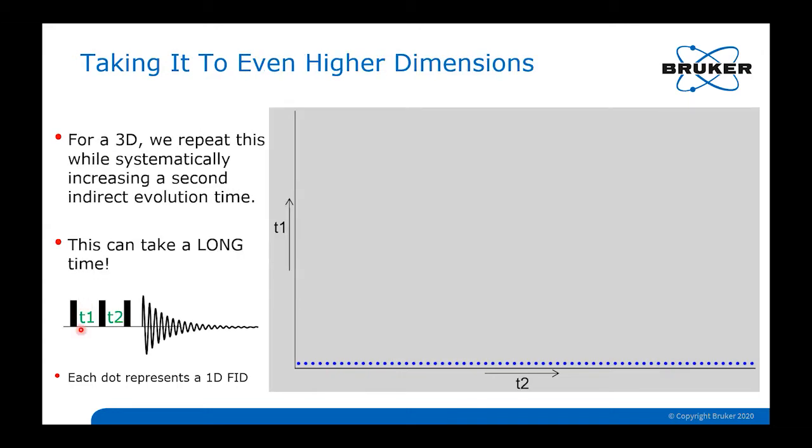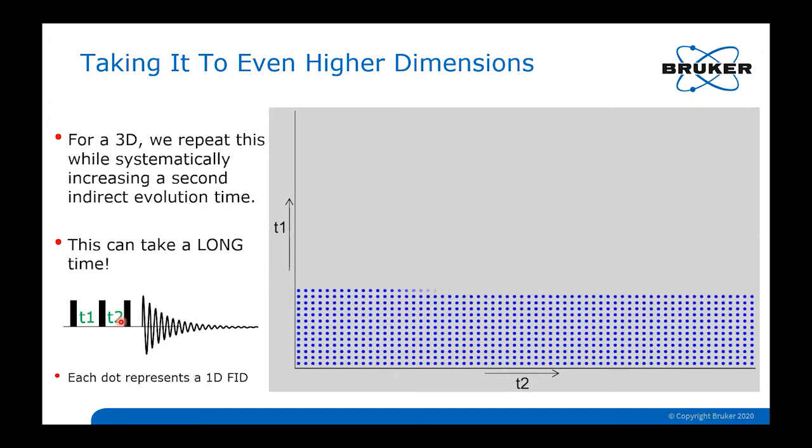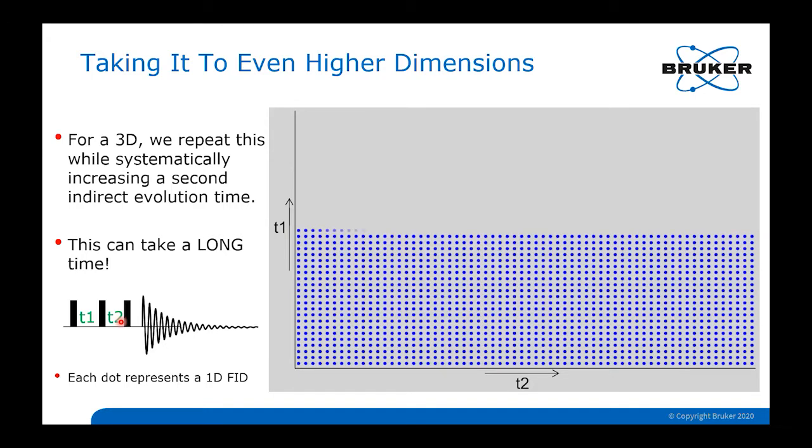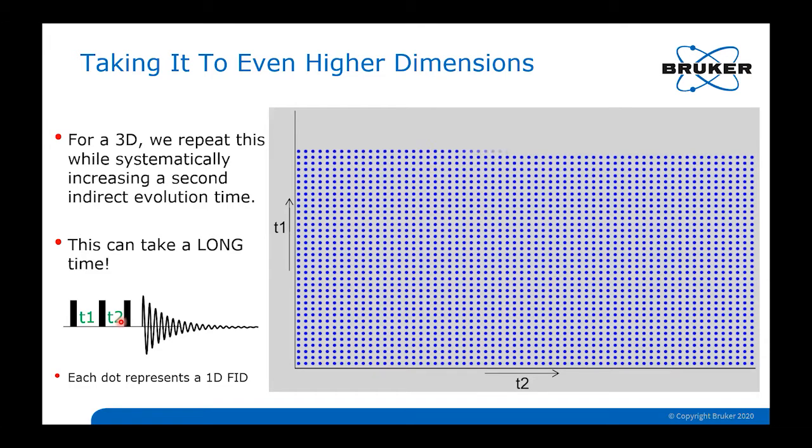Now we have two internal time delays, and we systematically increase our first time delay, or in this case labeled T2, to get a 2D spectrum. And then we continue doing that over and over and over while incrementing a second time delay, in this case labeled T1. This gives us a 2D matrix of 1D spectra.